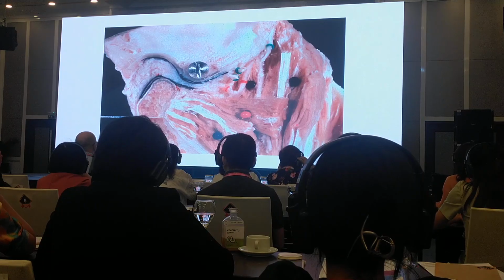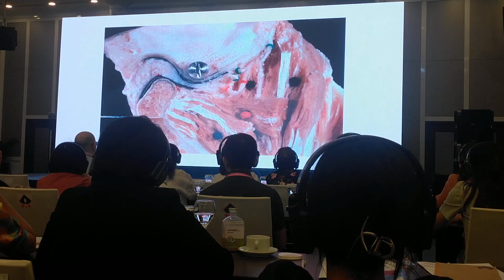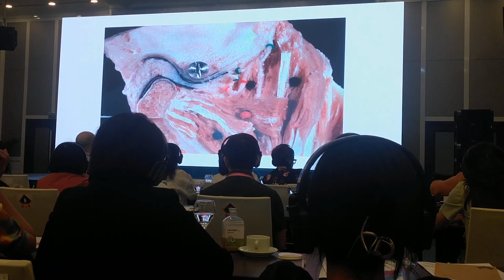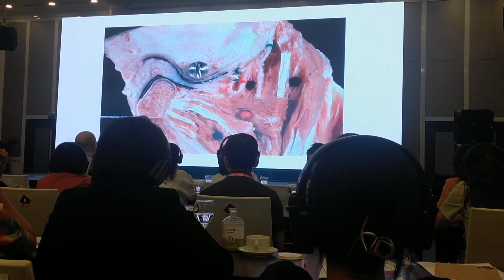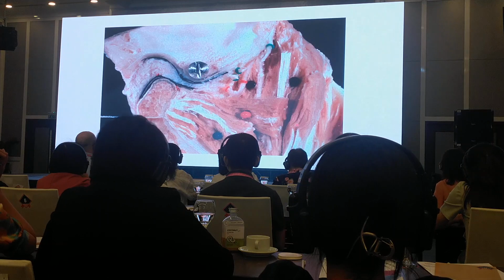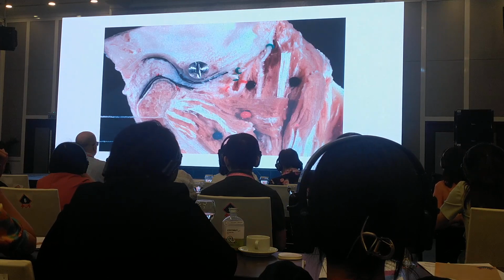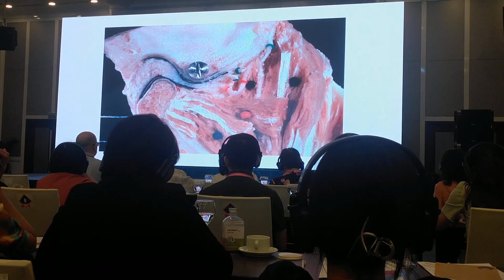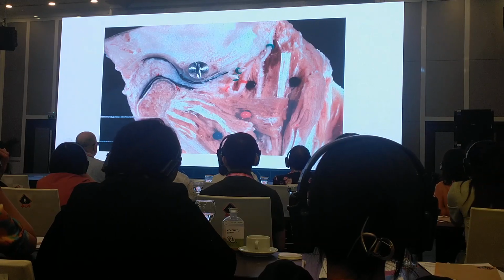We have the lateral pterygoid muscle. We can divide it into two parts, superior one and inferior one. The inferior part of the lateral pterygoid muscle is an opening muscle.